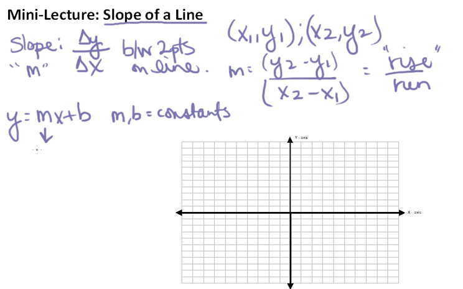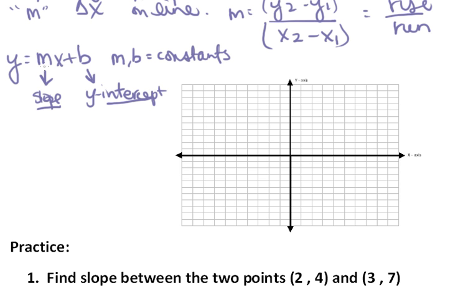And m is equal to the slope of the line, and b is part of the y-intercept. So this is why it's slope-intercept form. And so this is also where the m comes from. So these are 2 ways to potentially find the slope of the line, depending on what information is given to you. There's also some things to remember.